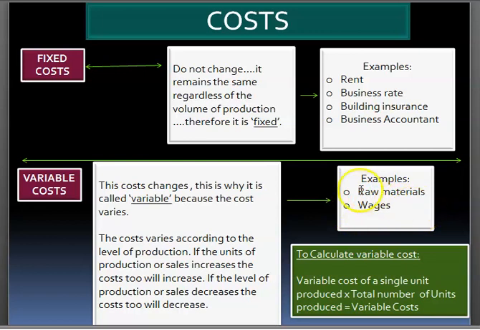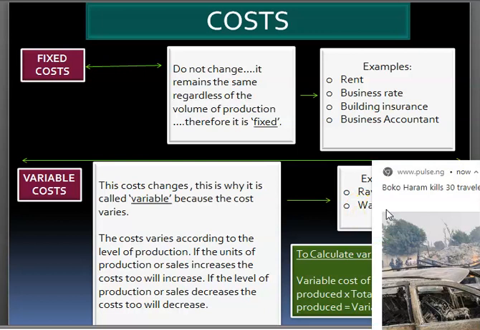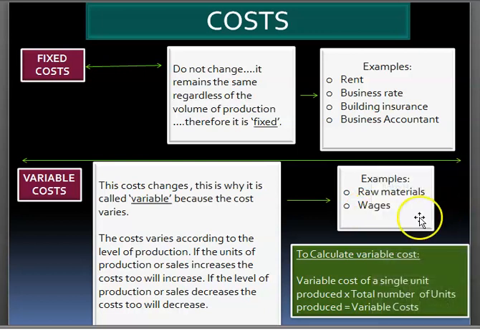Like I've just said, the more you produce, the more raw materials you need. The more you produce, the more people you will need to help you do the production. So if 20 people were producing 20 computers before, they will need more people to produce like 100 more computers. So the wages will go up, and the raw materials will go up.